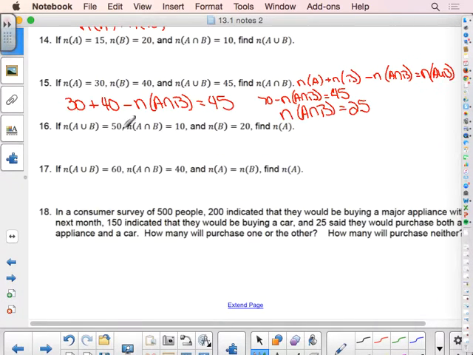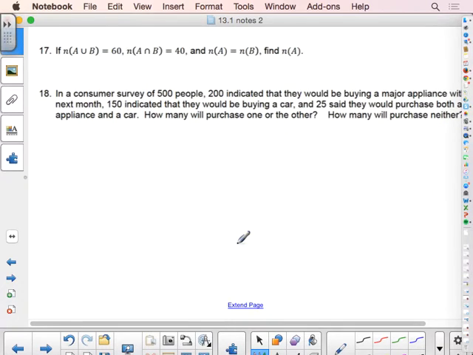Let's see. 18 says, in a consumer survey of 500 people, 200 indicated that they would be buying a major appliance within the next month, 150 indicated that they would be buying a car, and 25 said they would purchase both a major appliance and a car. How many will purchase one or the other? How many will purchase neither?